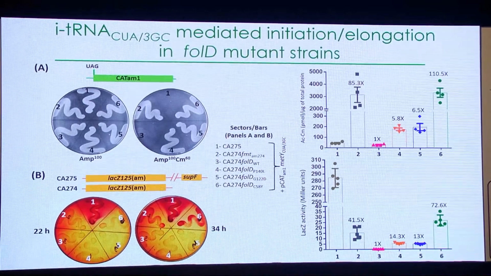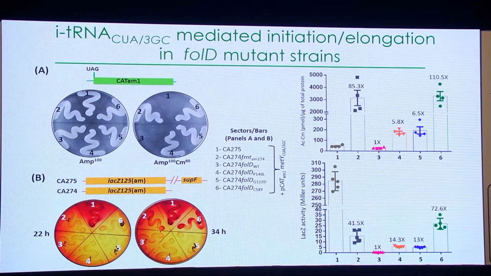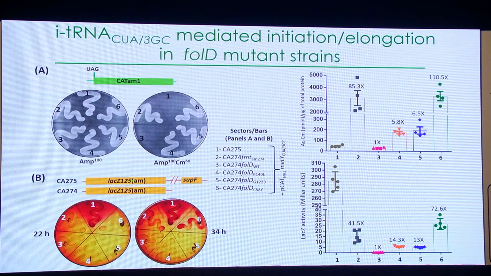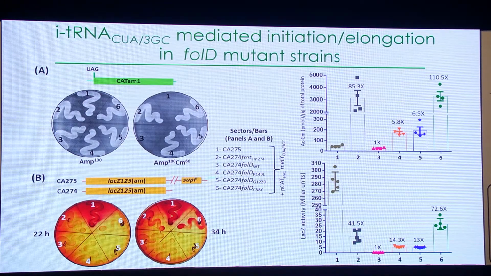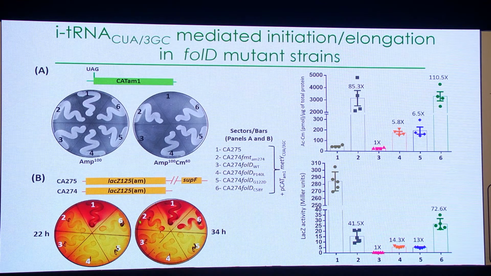You will also notice that if you use the system for elongation, where there is an amber mutation in the LEGZ gene, this is the control where we have authentic elongator tRNA, which will suppress this amber codon, and you see a lot of LEGZ production. You see LEGZ production even with this particular strain, and you see quite a bit of LEGZ production with the C58Y, which has the least folate dehydrogenase activity.